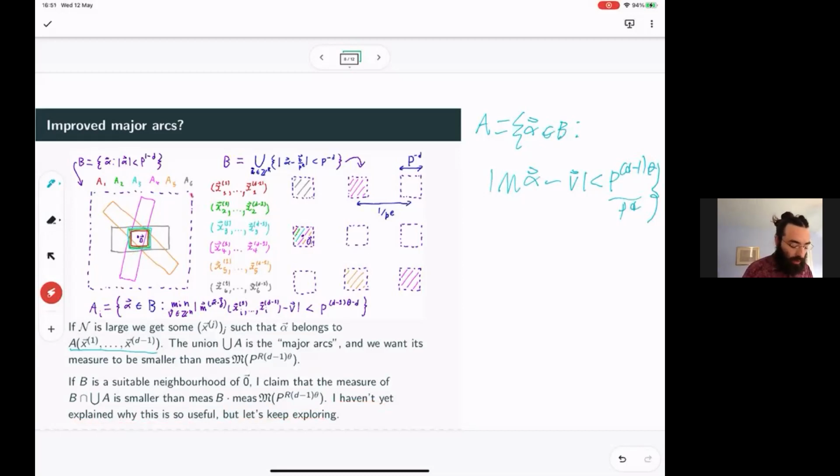It turns out that actually if we can reduce the measure of the major arcs in a neighborhood of 0, we can actually get information about the size of this exponential sum even far away from 0. And we'll see how to do that later in the talk. So this picture here is the sort of real version of repulsion.